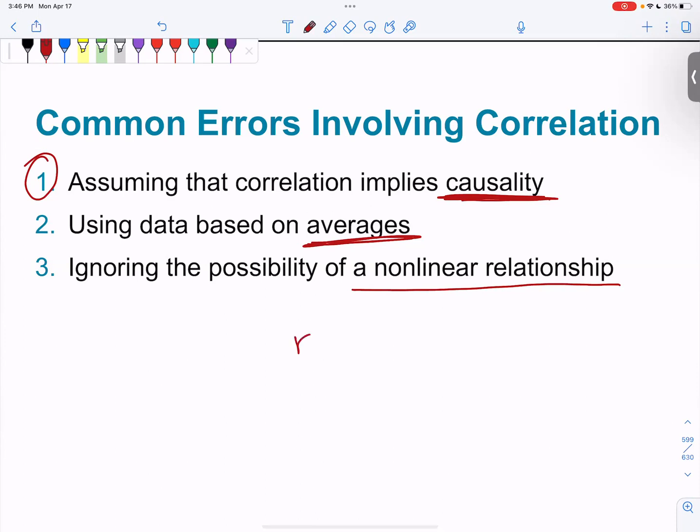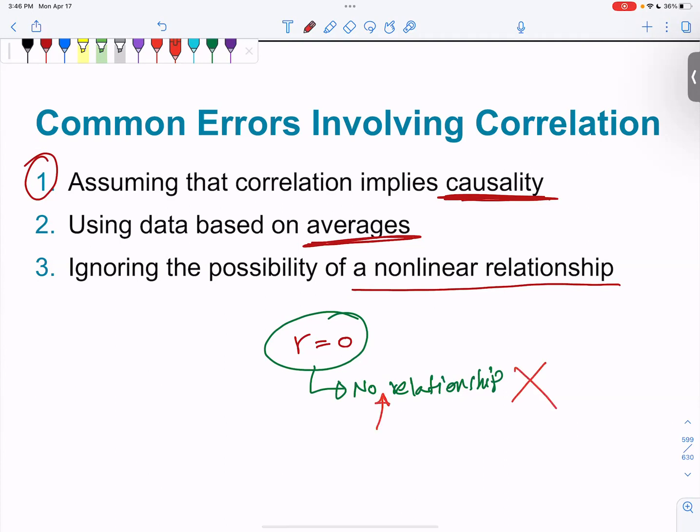So when we get R equal to 0, we might say, oh, no relationship, which is a mistake, right? So we should say no linear relationship between those variables.